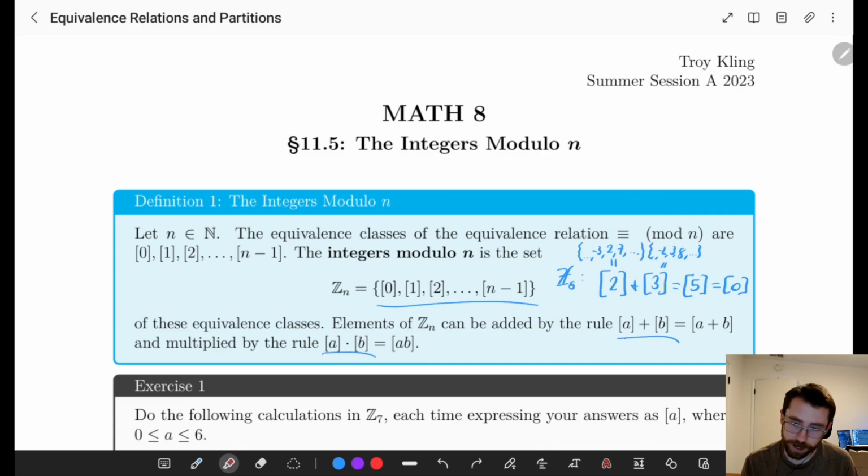Basically you get all multiples of 5, which is the same as the equivalence class of 0. The equivalence class of 0 is everything that's 0 mod 5, but that's all multiples of 5: -5, 0, 5, etc.